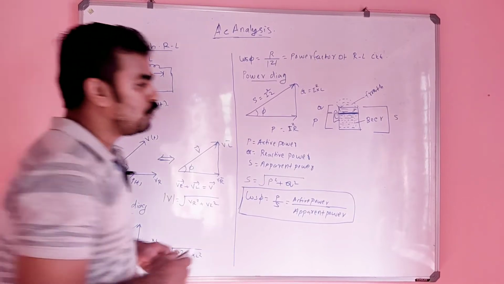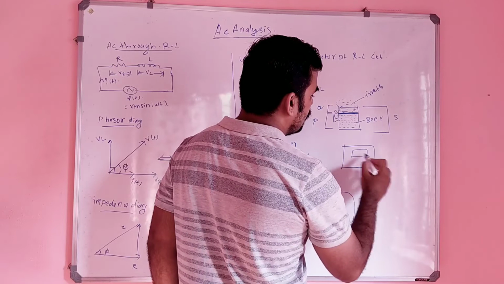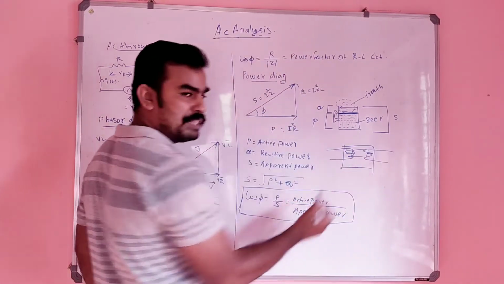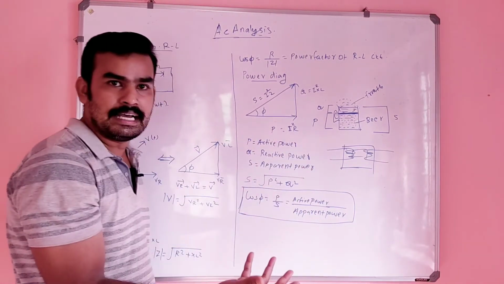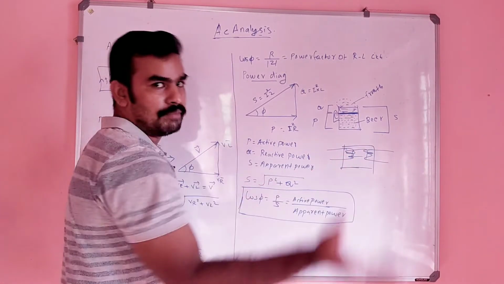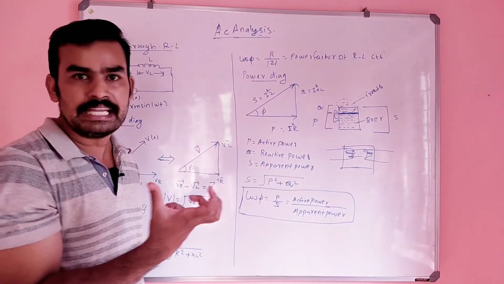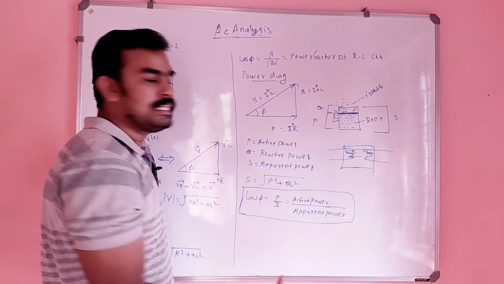See, in a transformer, it's a very deep concept actually. In a transformer there is a primary as well as a secondary winding, no. So we give some amount of power as apparent power to the input, and we will get some output, and there is some loss in the form of heat, and there is some output also. The useful power we obtain is the output.